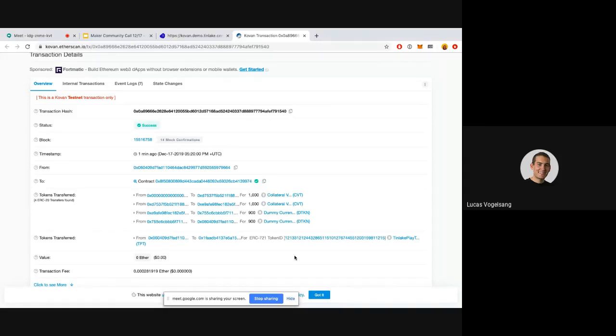We mint the CVT, and the CVT then gets moved into a wallet. In this example it's just a simple wallet, but if this were to be used with Maker, this would be moved into a vault, and then here we just take 900 dummy token.